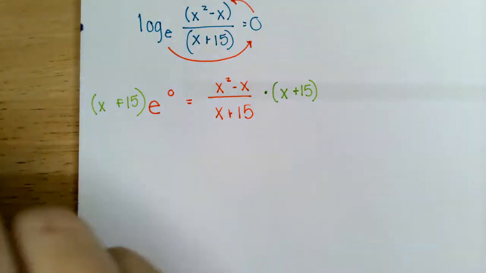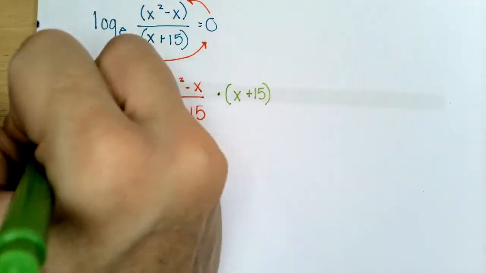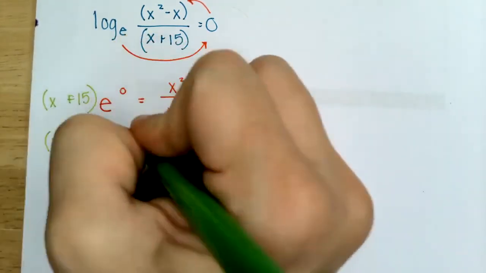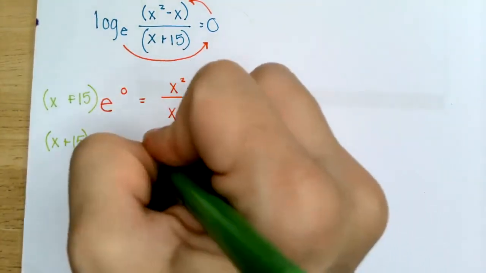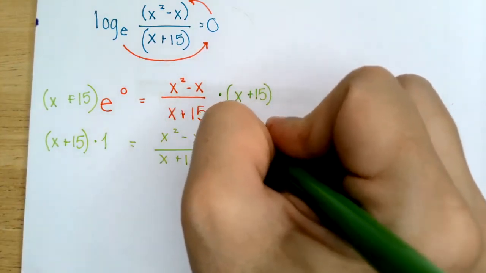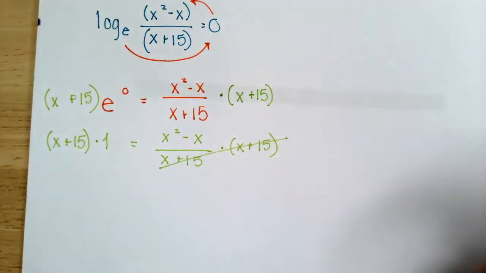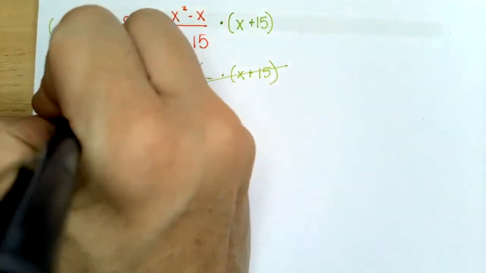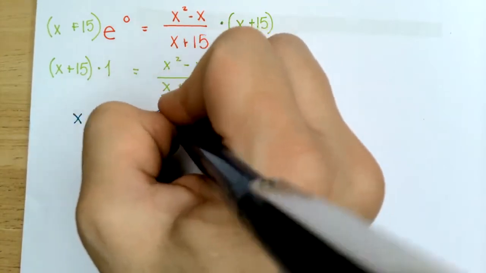So that's just a 1. I'll rewrite that as x plus 15 times 1 equals x squared minus x over x plus 15 times x plus 15. So just so we're clear, that is a 1. These two cancel each other out. We are left with x plus 15 equals x squared minus x.